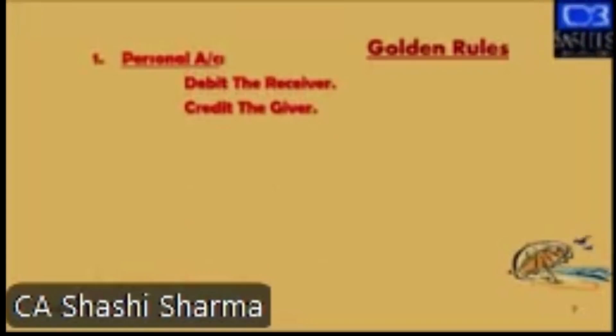If in a transaction a person is involved, then you have to see whether that person is the receiver of something or giver of something. If he is the giver, then his account will be credited in your books of account. And if he is the receiver, suppose you are selling goods to him on credit, then obviously he is the receiver of goods. So you will debit his account in your books.